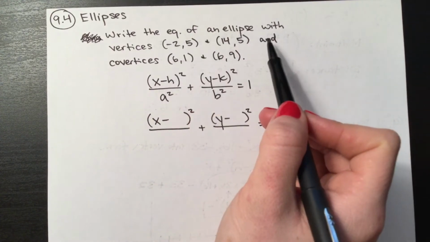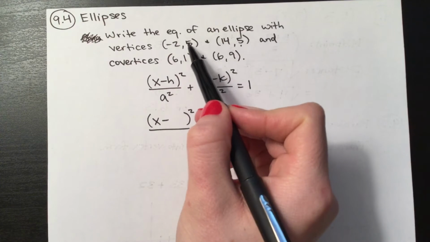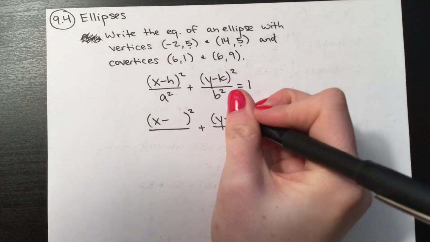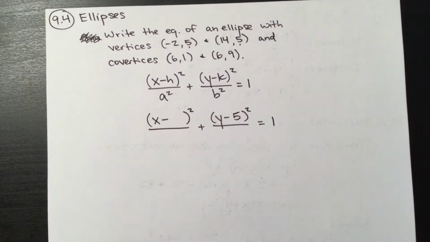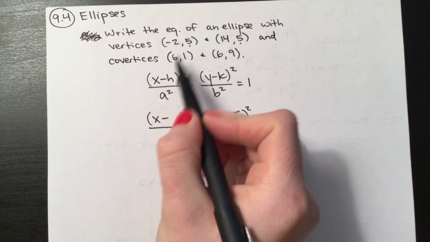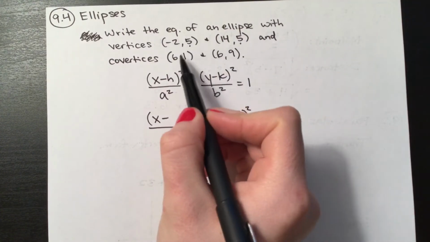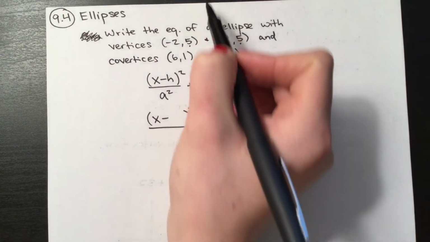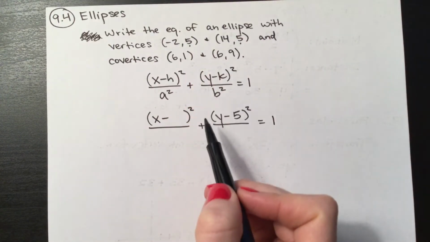So the center must also have a y value of 5. Okay, so we know that the y value of our center is 5. So we can plug that right in there. And then look at the co-vertices. These we know must be on a line, and we know the center is also going to be on that line. So if we have the point 6,1 and the point 6,9, they're going to be on a vertical line, up and down, and the center must also be on that line.